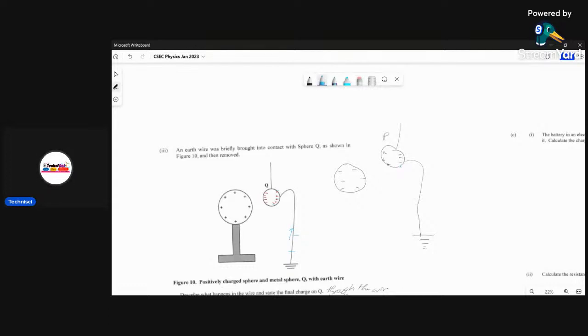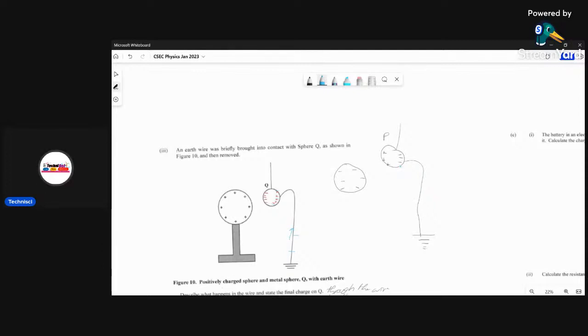You have positives and negatives, that is because we brought it close to a negatively charged sphere. So when you bring P close to it, just like what happened with Q, you're going to have charge separation. Positives on one side, negatives on another.